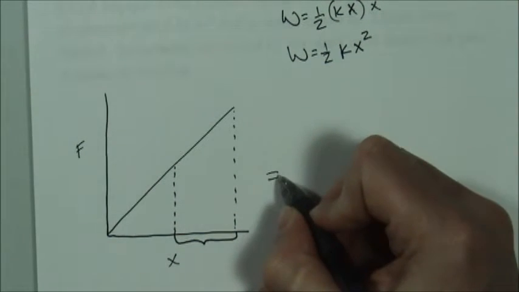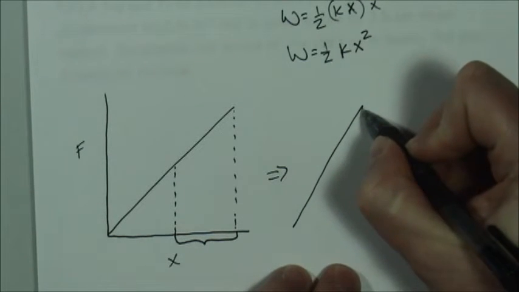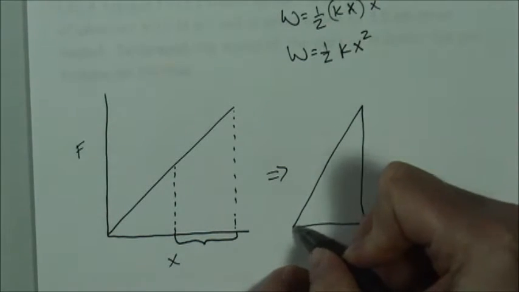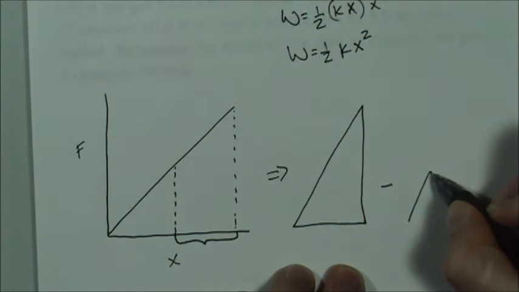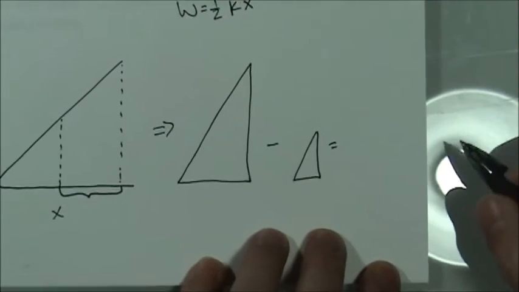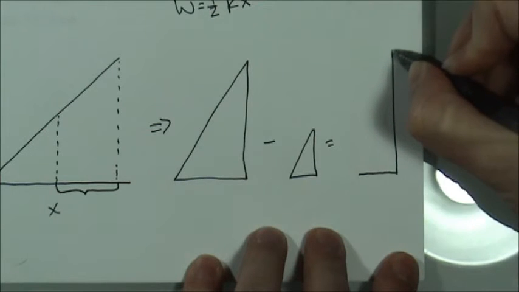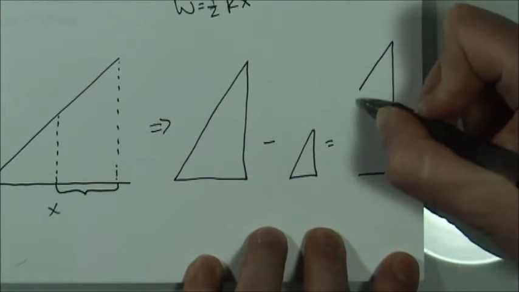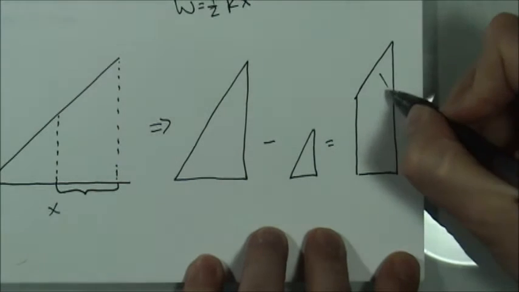So for this one, we want to take the big triangle minus the little triangle to get the trapezoid-shaped portion.